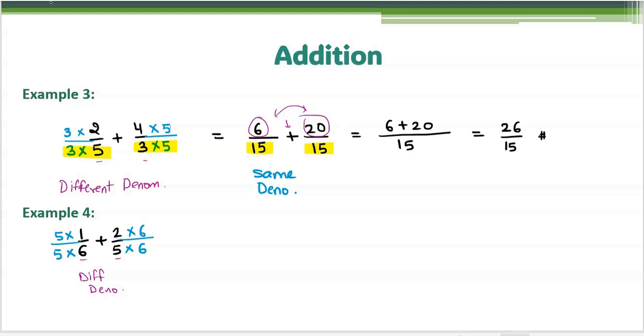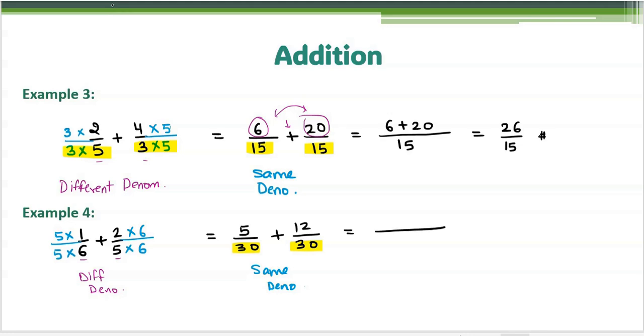So what does it give you? 5 times 1 gives you 5. 5 times 6 gives you 30. 2 times 6 gives you 12. 5 times 6 gives you 30. So we got the same denominator. When the denominators are the same, we know how to work.